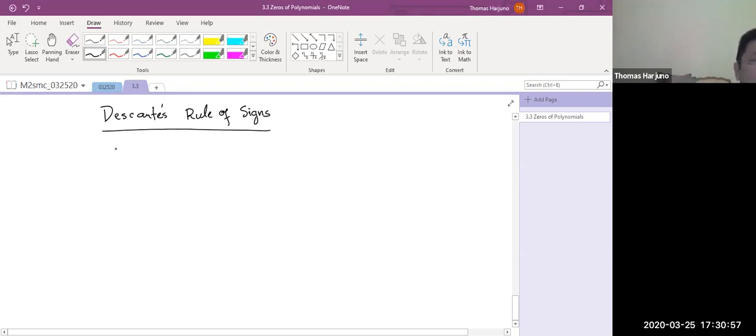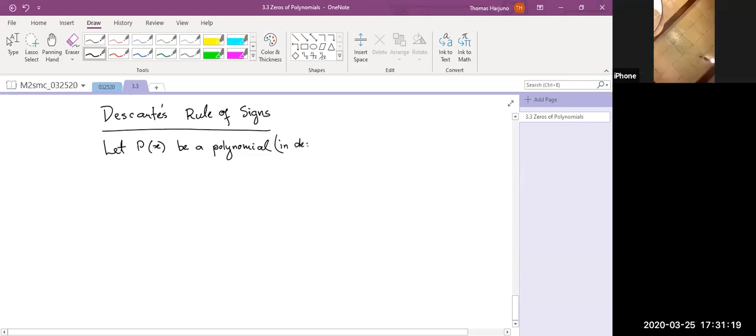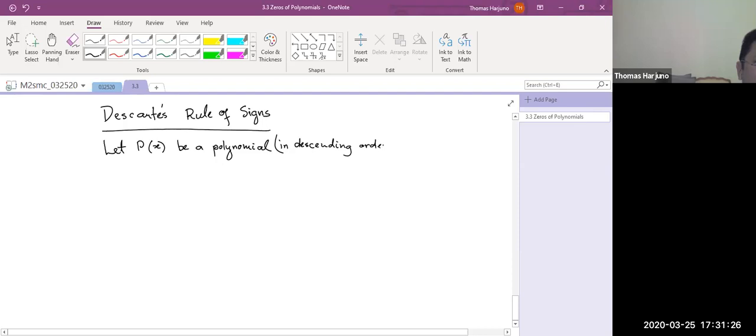Okay, let's see the statement. Descartes' rule of signs says the following. Let P(x) be a polynomial in descending order, which means the exponent is from the highest to the smallest.